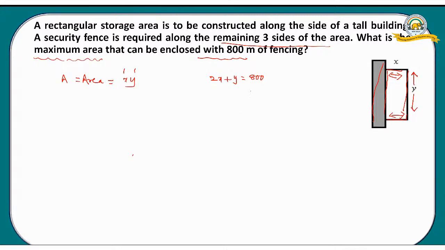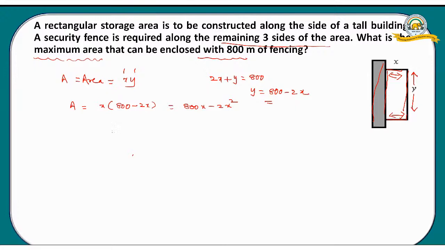So now you can write y is equal to 800 minus 2x. Let's substitute this result in the function area. That is x into 800 minus 2x. If you simplify further, you get 800x minus 2x squared.